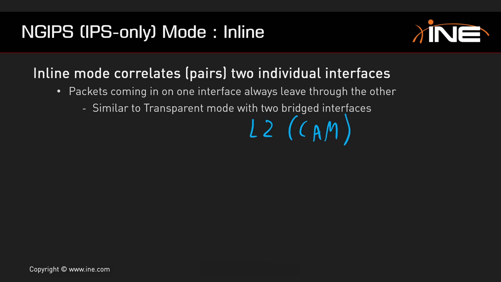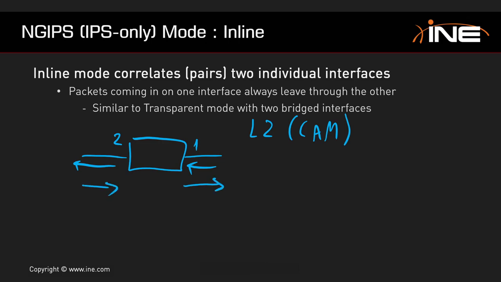So it will have to take a look at the frame's layer 2 destination MAC address to figure out which of the bridged interfaces to use to forward a packet. So this is a switch-like behavior. Versus with an inline pair, like when we have two interfaces, I'm going to say port number 1 and port number 2, anytime I'm going to get a packet on interface 1, I'm going to simply replicate it out of the second interface in the pair, and vice versa.